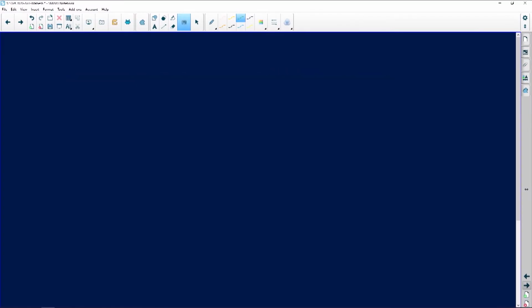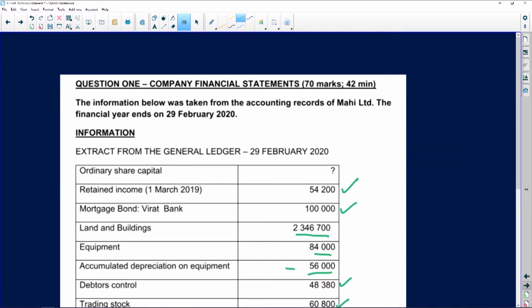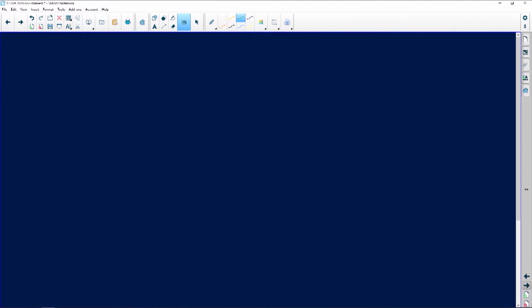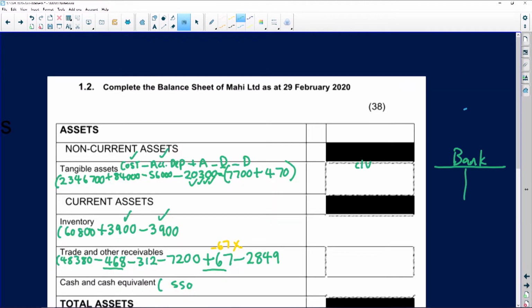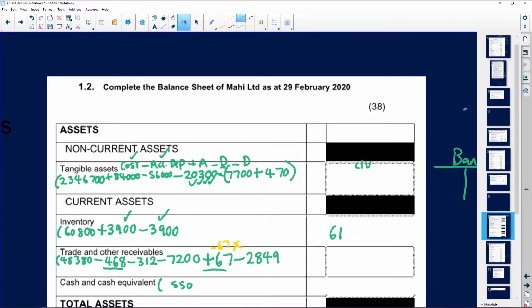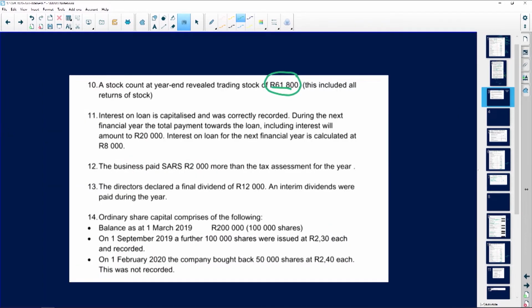61,800. So let's do that in our balance sheet. Okay, and we're looking at inventory 61,000, and I think it was 800. I need to now quickly go back and check. Let's just make sure that I'm doing this properly. So if we go back, 61,800.